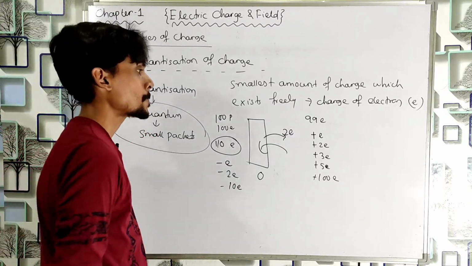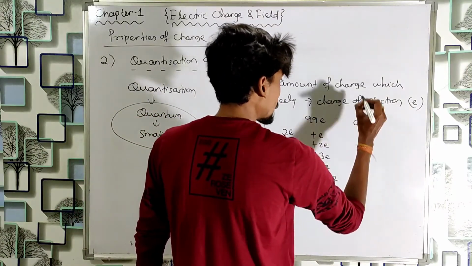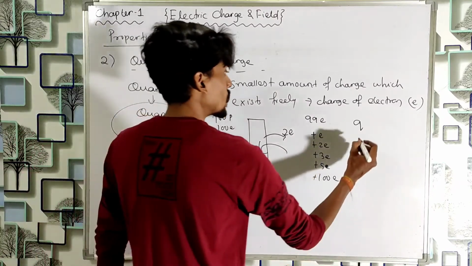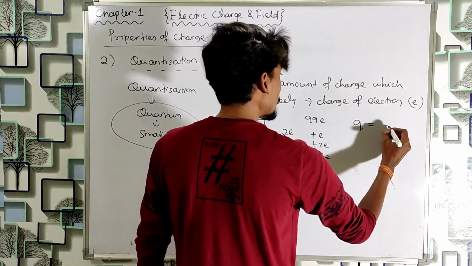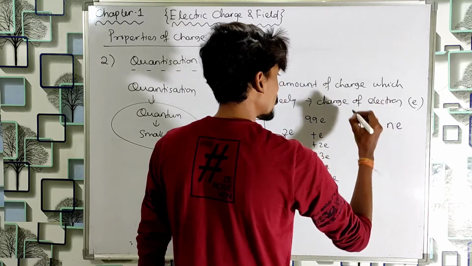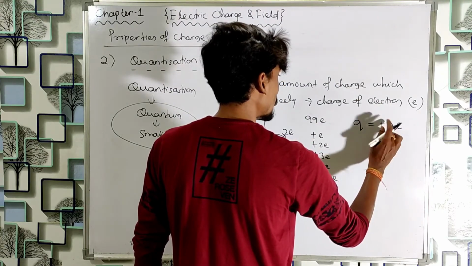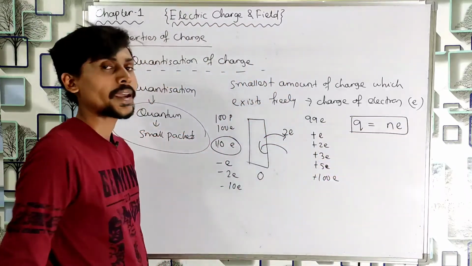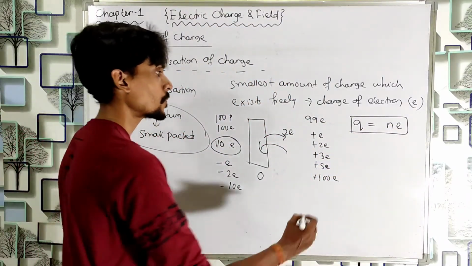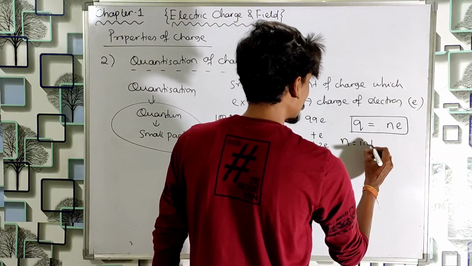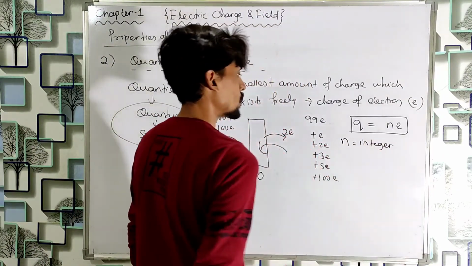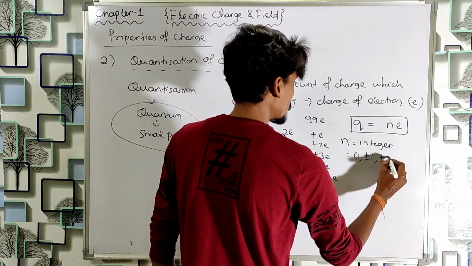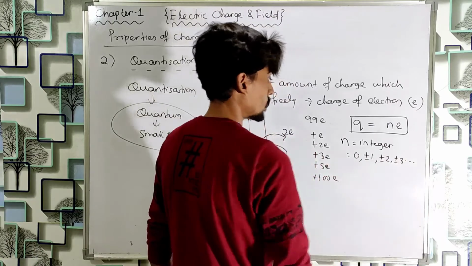So I can say that the charge of a body, means Q, is always an integral multiple of E, means Q is equal to NE. What is N? N is an integer. N is an integer, means N can be 0, it can be plus minus 1, plus minus 2, plus minus 3, and so on.